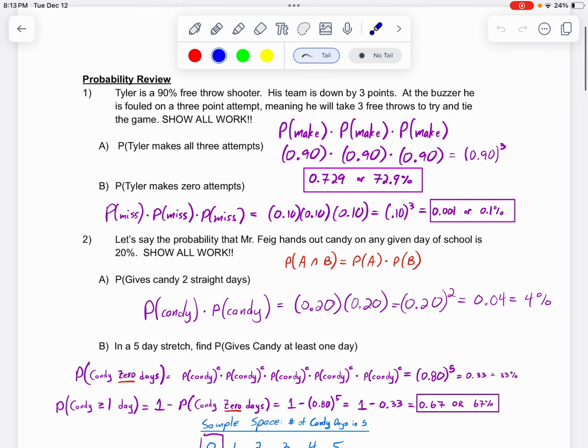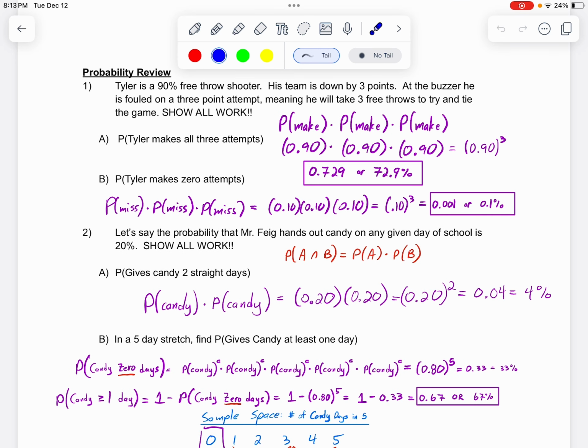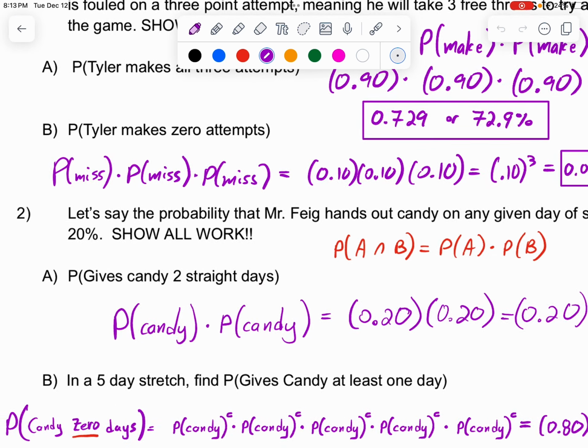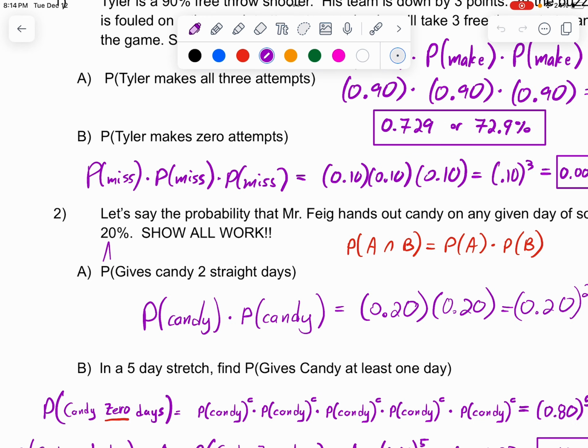All right, number 2. Let's say the probability that I hand out candy on any given day of school is 20%. I'm also going to add in here, let's assume independence, which is important, meaning that if I gave out candy today, it does not change the likelihood that I give out candy tomorrow, which is fairly true. I've done it on back-to-back days.